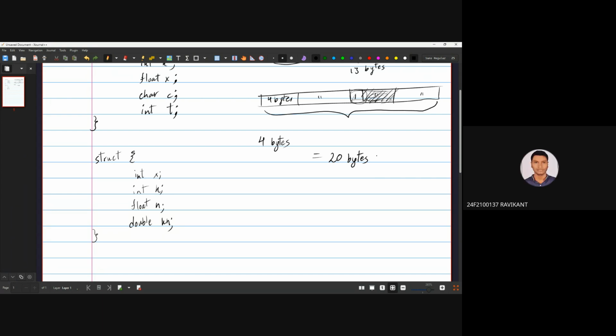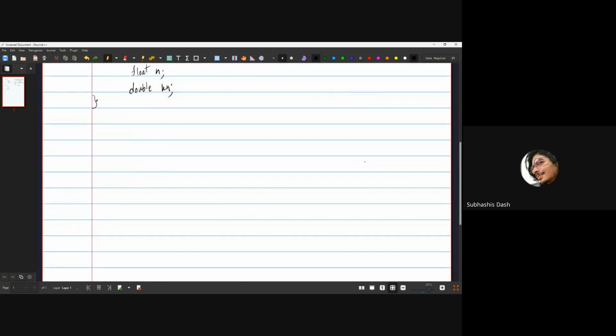So that is why I said that the size of a struct is always greater than or equal to the size of the components of the struct.